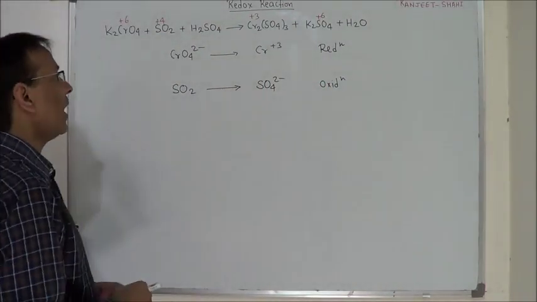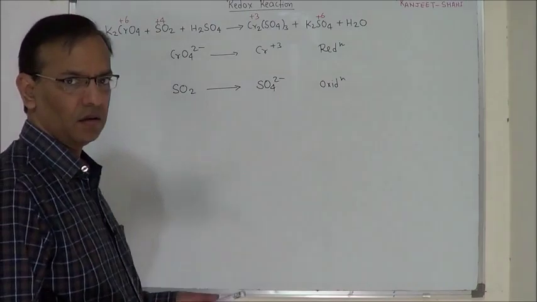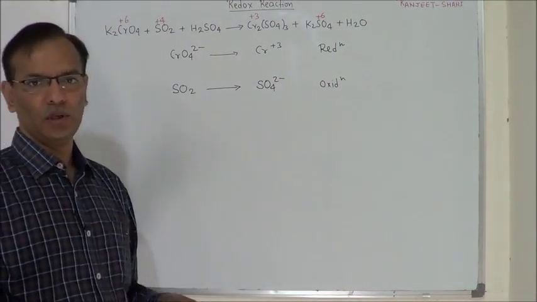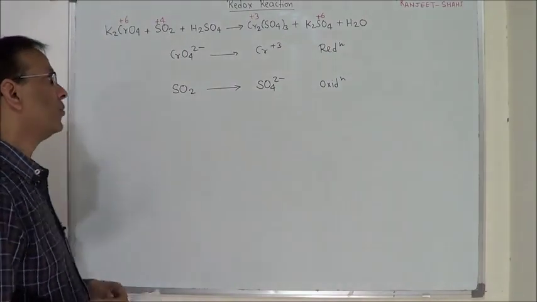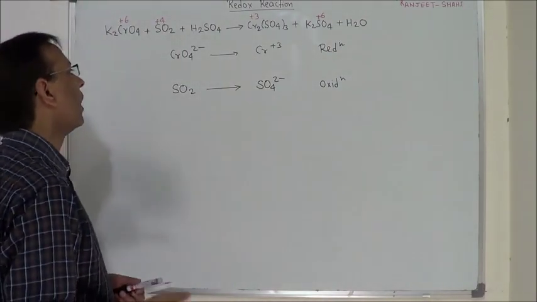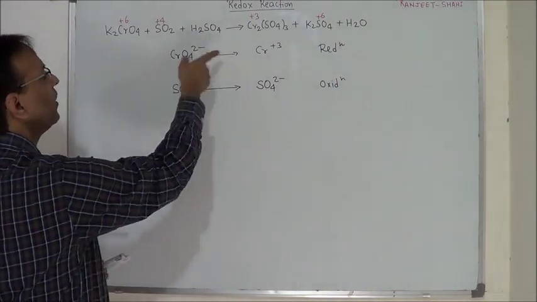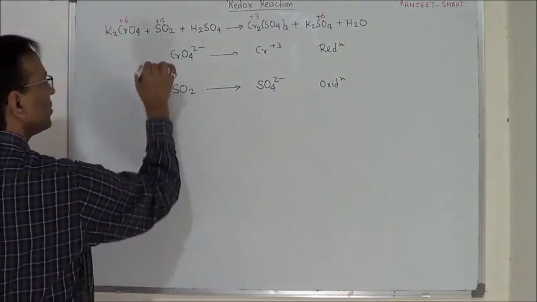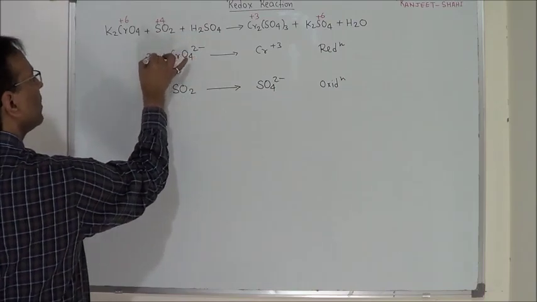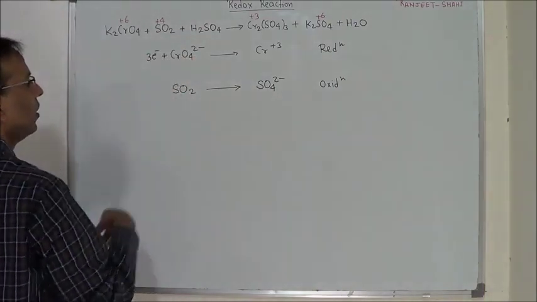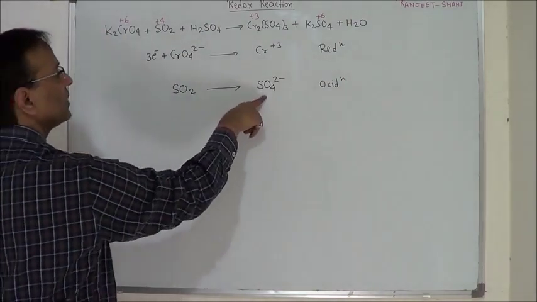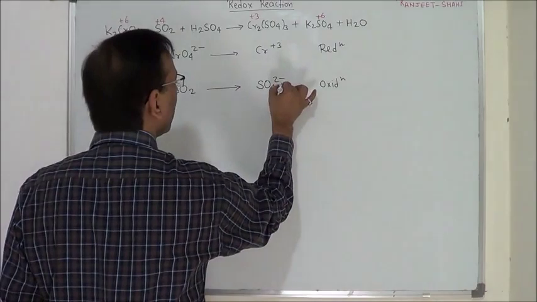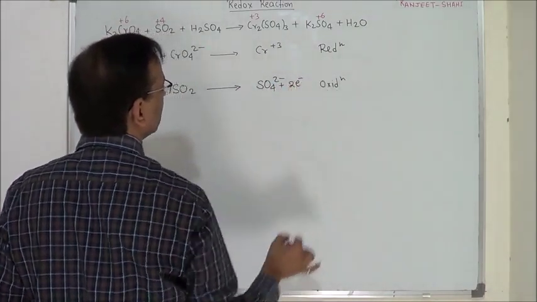Balance the elements other than hydrogen and oxygen, already balanced. Chromium 1 1 both sides, sulfur 1 1 both sides. Change in oxidation number. For one chromium only we will have to balance, +6 to +3, difference of 3, so on higher side 3 electron, +4 to +6, difference of 2, so 2 electron on higher side.